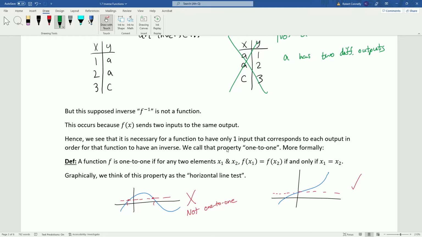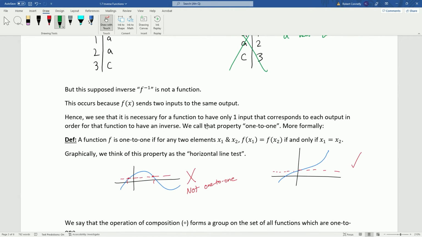So we have a special name for that property. It's called one-to-one. And so formally, how do we write this? The definition is a function is one-to-one if for any two elements, x1 and x2, f of x1 equals f of x2 if and only if x1 equals x2.